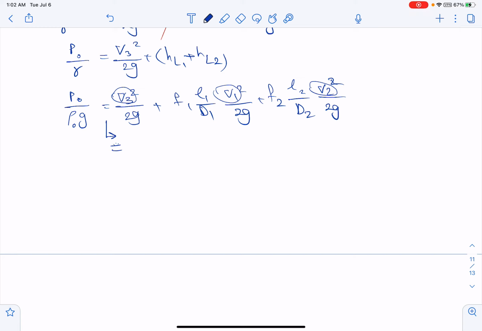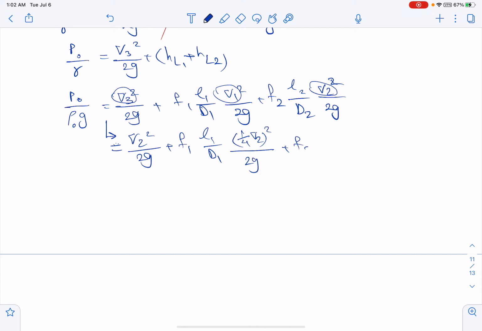I get V2 squared over 2g times the bracket, where instead of V1 we write down the values we got, plus the rest of the equation.